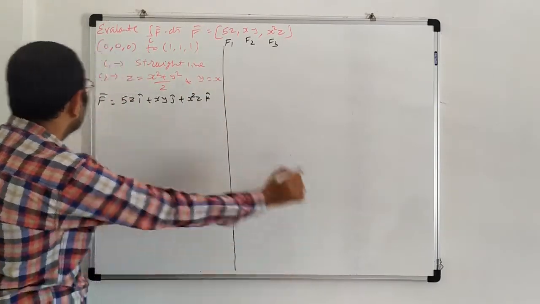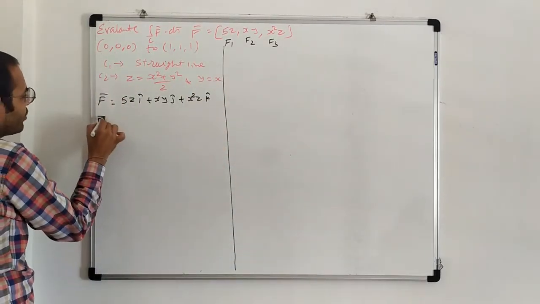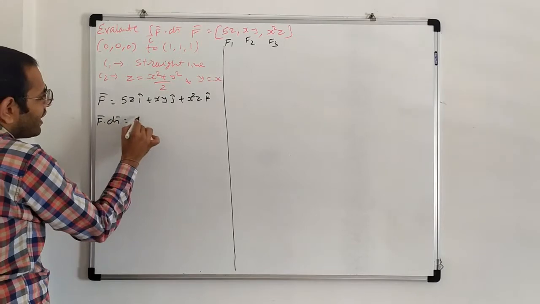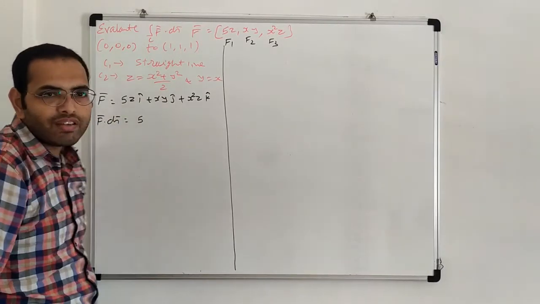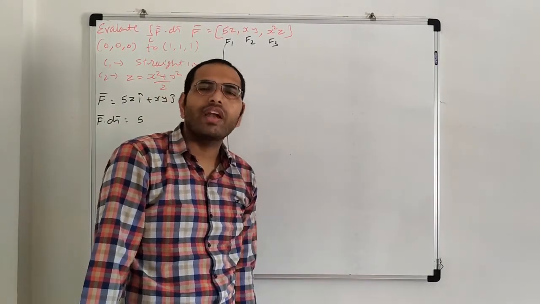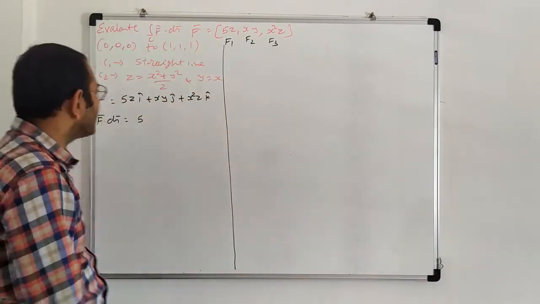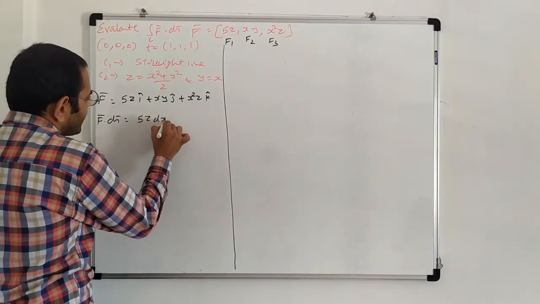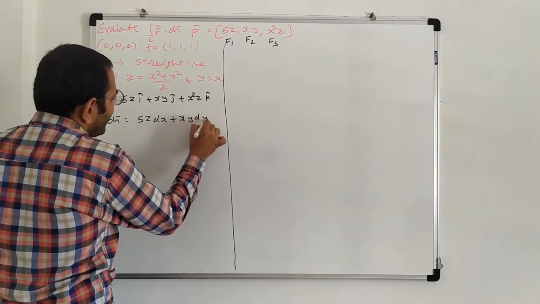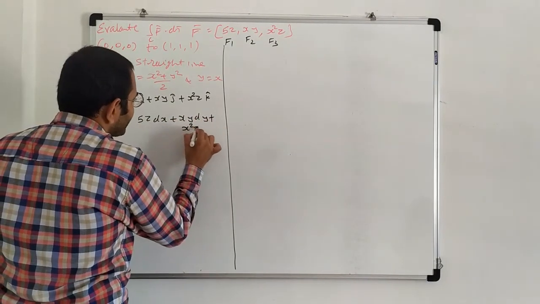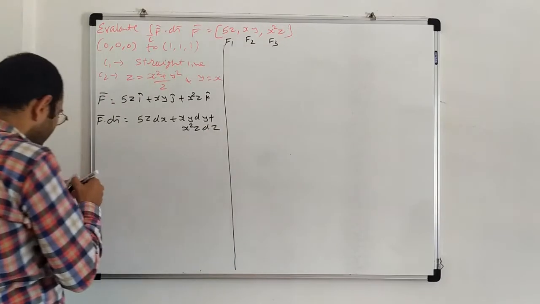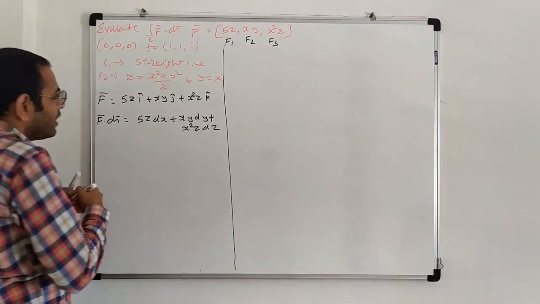Now here r bar is a position vector, r equal to xi plus yj plus zk, then dr bar equal to dx i plus dy j plus dz k. Then f bar dr equal to 5z dx plus xy dy plus x square z dz. That is our equation number A.